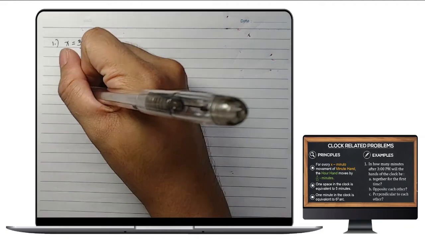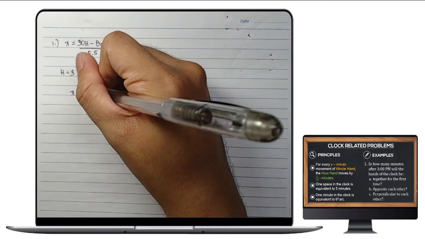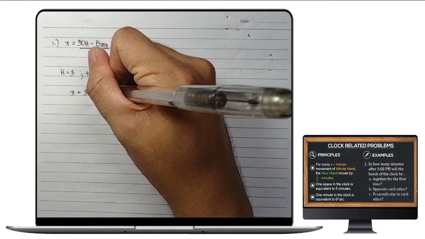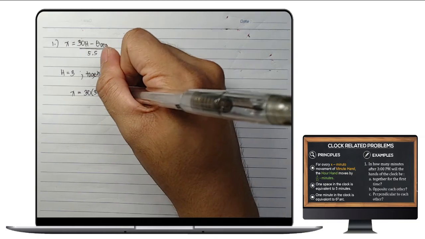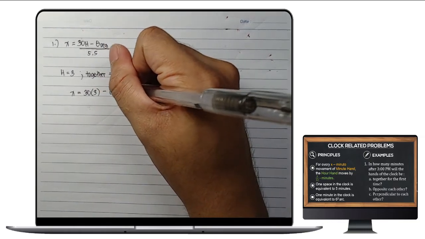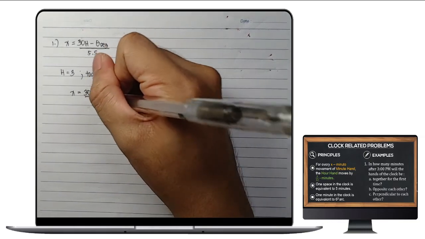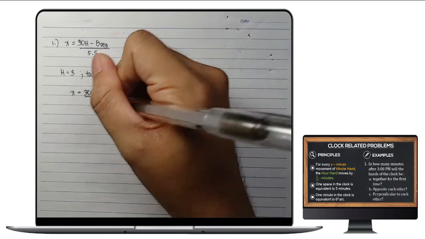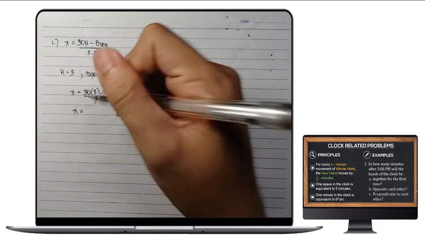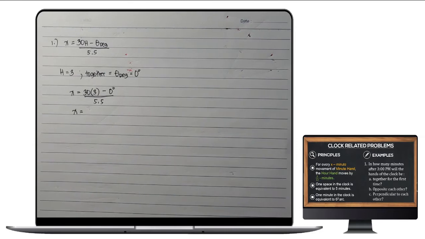So, with that, we have x is equal to 30h. So, 30 times 3 minus theta in degree, that is 0. Divide lang natin ang 5.5. So, we can solve for x here. Kuha lang tayo ng calcu.